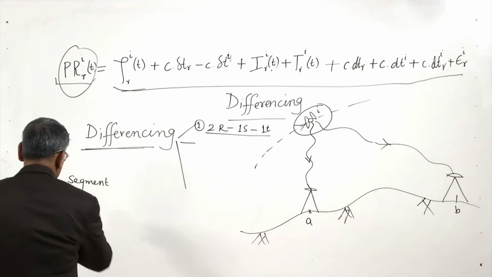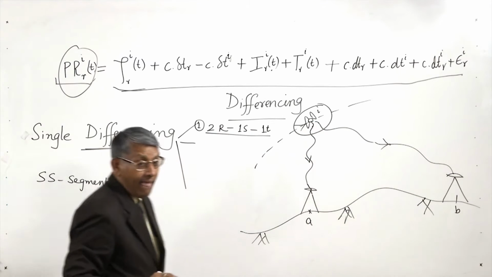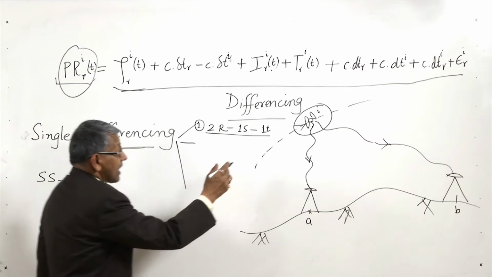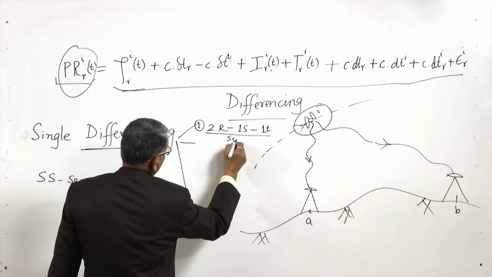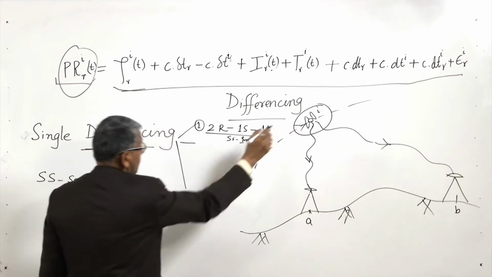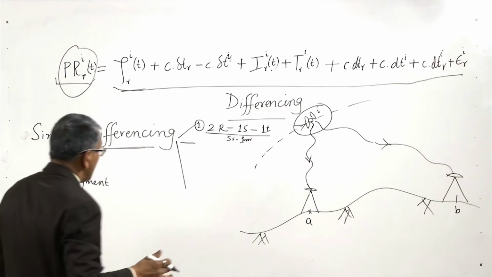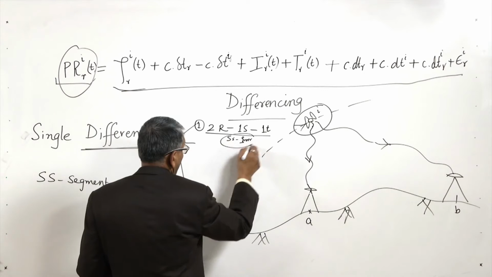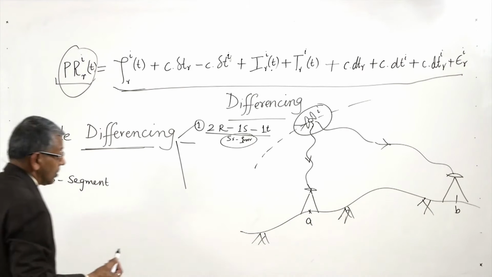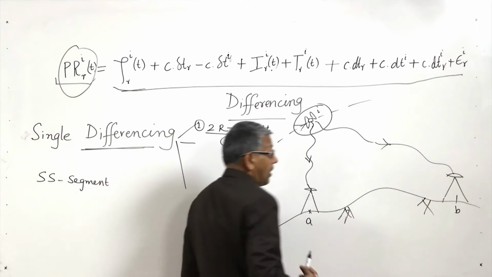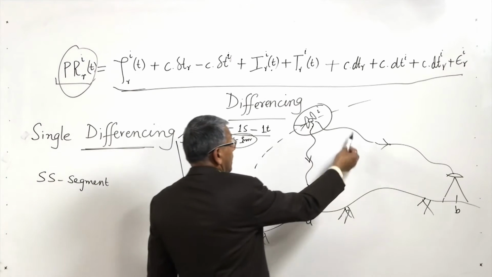So the space segment error will be identical for both signals, and if we take the difference of the observables, then the space segment error, that means error due to satellite hardware, satellite clock and ephemeris error, will be eliminated. Also, depending upon the distance between the receivers, the amount of atmospheric error will also be reduced.